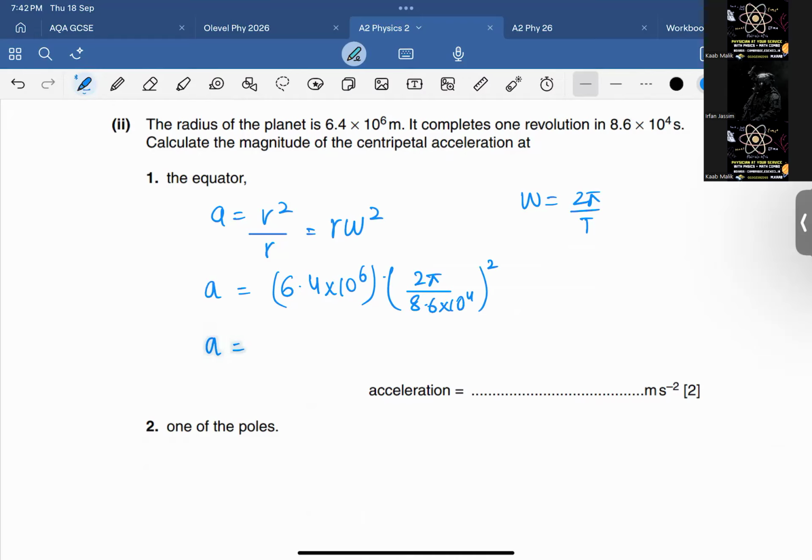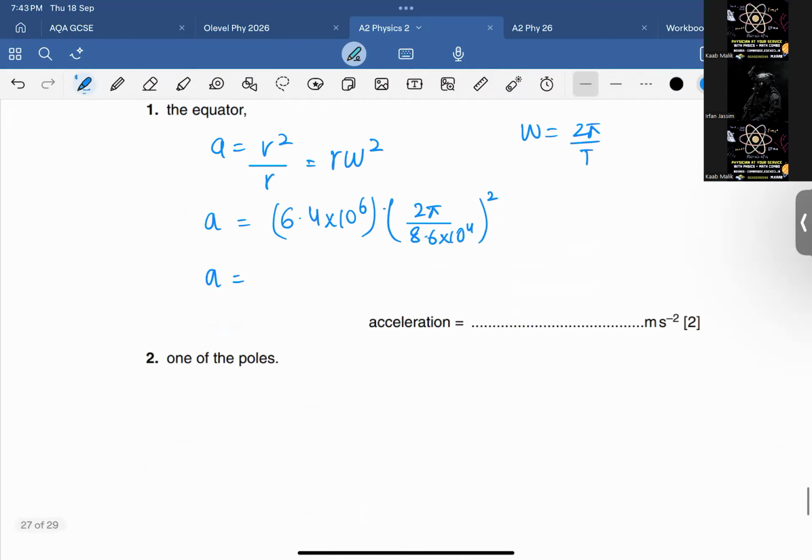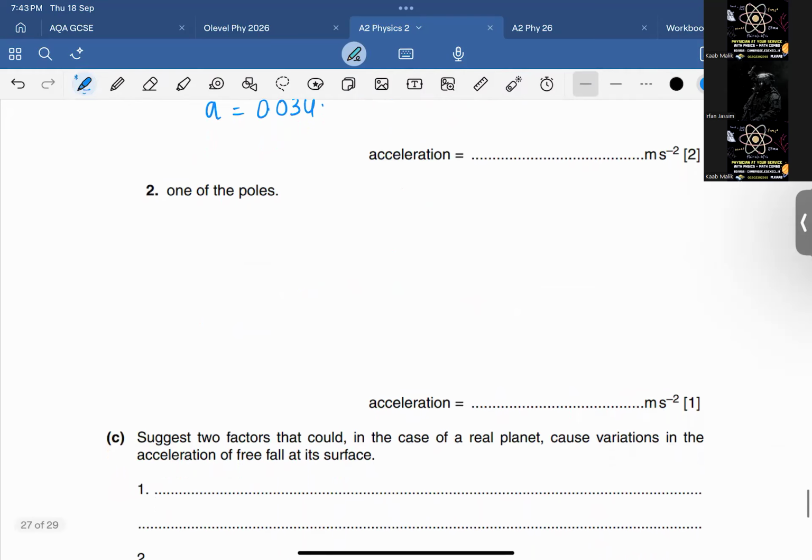We'll still get the same answer. If you're using the 2 pi r method, you won't get the actual thing, because they're asking for the acceleration, and using that method you will end up getting the speed. It will be a very long way, not recommended. I'm getting 0.034. So this is the centripetal acceleration, okay? Okay, on the poles.